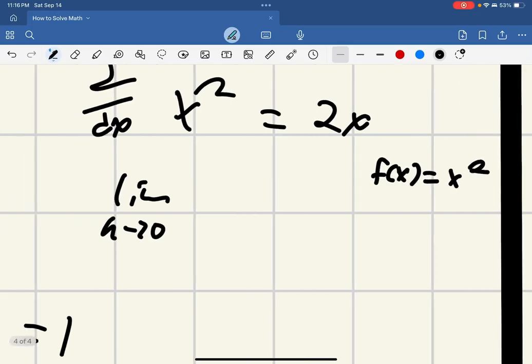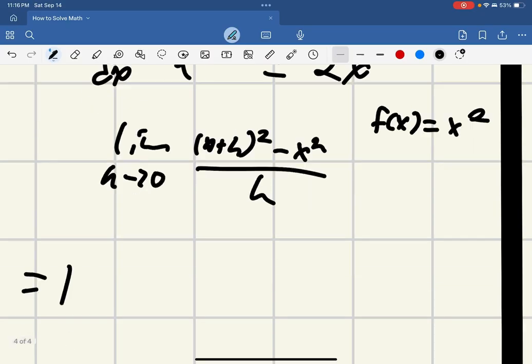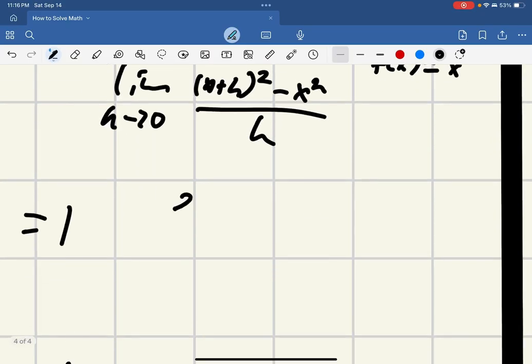We're going to do this, x plus h squared minus x squared over h.